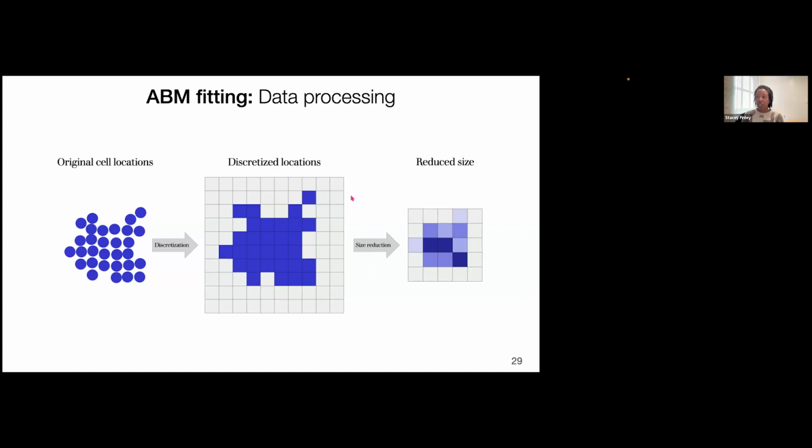What we do is discretize the image so that we can perform size reduction, because when we put them into our neural network, the images all have to be the same size. In reducing the size, now we have not just where the cells are, but actually this image represents the density of cells. So a darker color here means a higher density of that cell type in the original image, and a lighter color means a lower density of the cells.